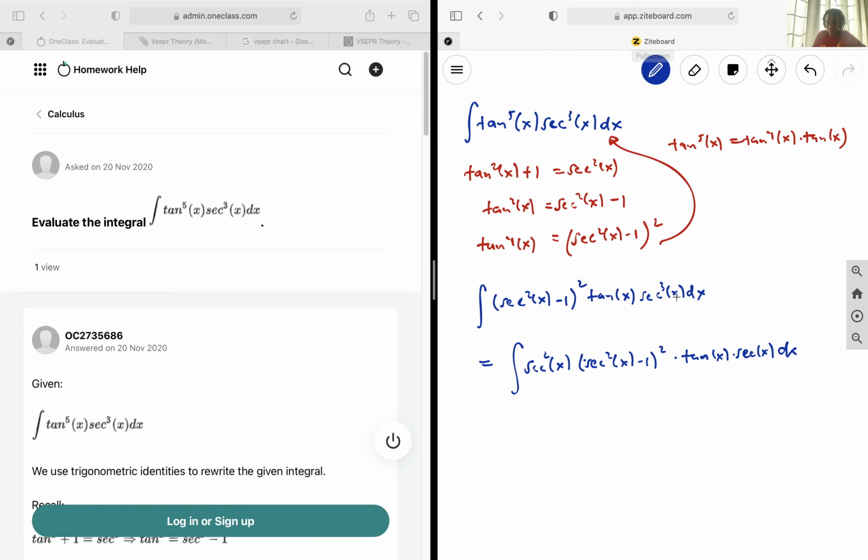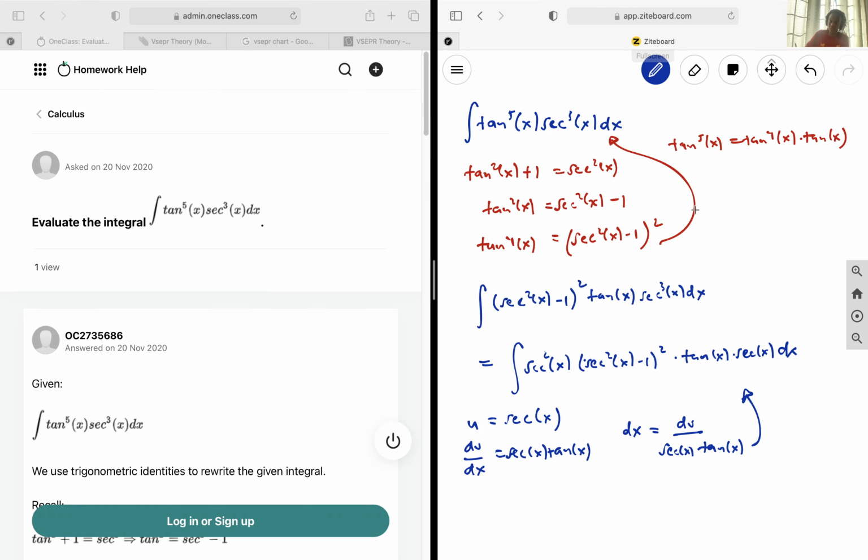So we're just separating this cubed into a squared by to the power of 1. And then lastly, we're going to use substitution. If we set u as secant x, that means du over dx is going to be secant x multiplied by tan x. So dx is equal to du over secant x multiplied by tan x.